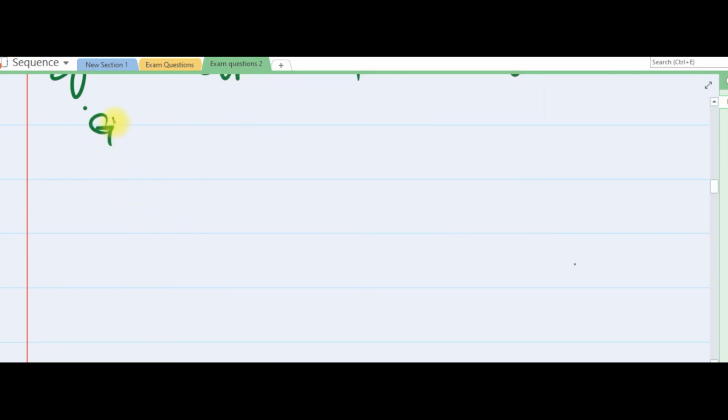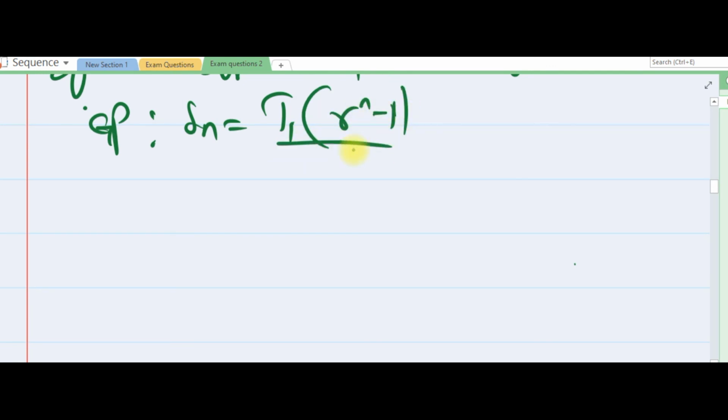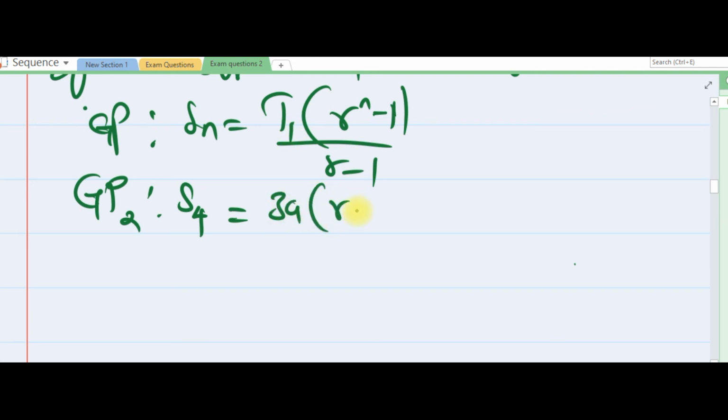So for any GP, the sum of the first n terms is always term 1 times r^n minus 1 over r minus 1. So for GP2, we are asked to find the sum of the first 4 terms. And what we have here is 3a, and r is 4, so 4 minus 1.